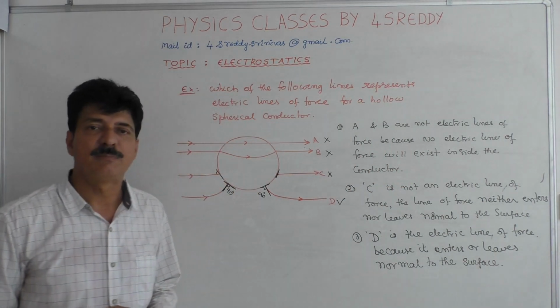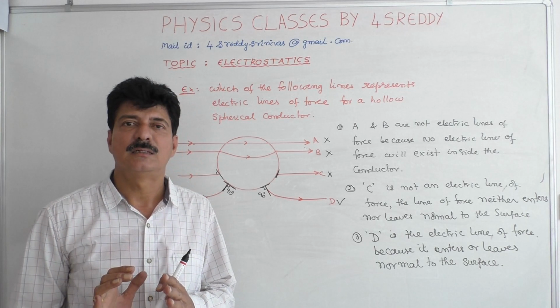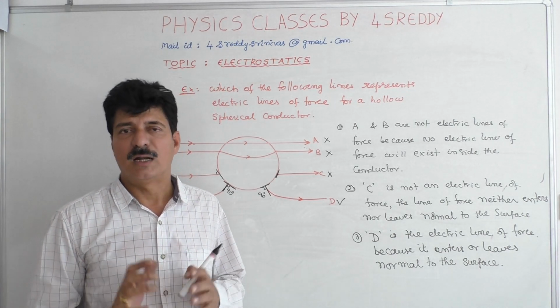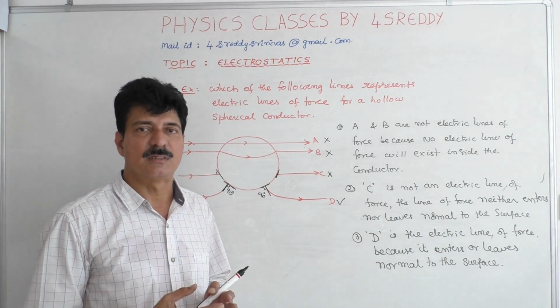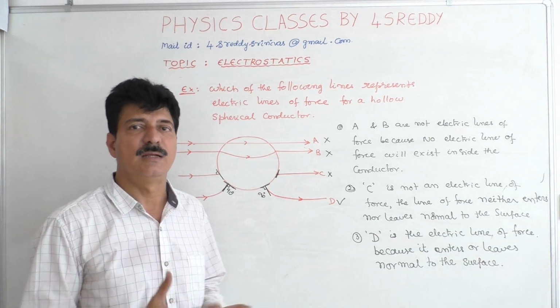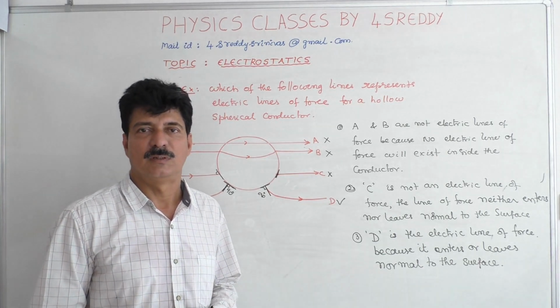So these are the basic points related to electric force and field. The different types of questions and problems related to force and field will be discussed in the next lecture. Okay, thank you.